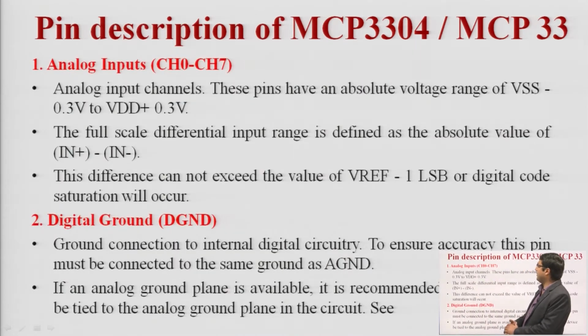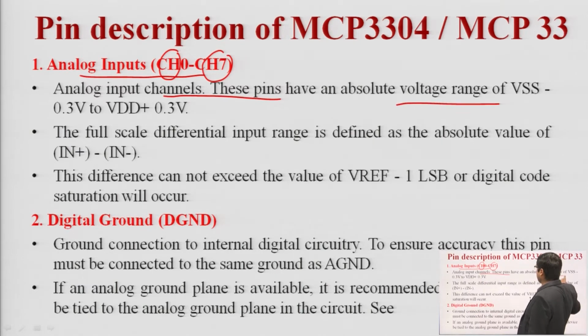From pin number 1 to 7, analog inputs are available from channel 0 to channel 7. The voltage range is minus 0.3 to plus 0.3 volt, and it is compatible with this voltage range. Beyond that, it will not work efficiently.